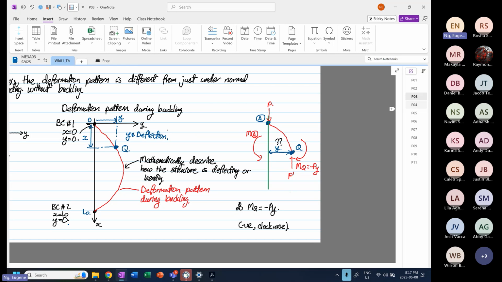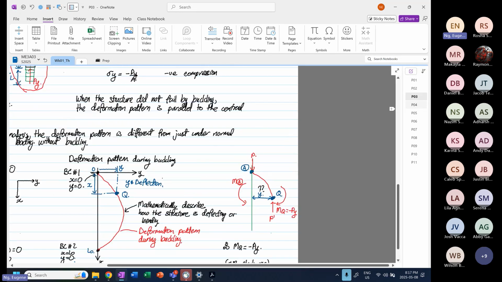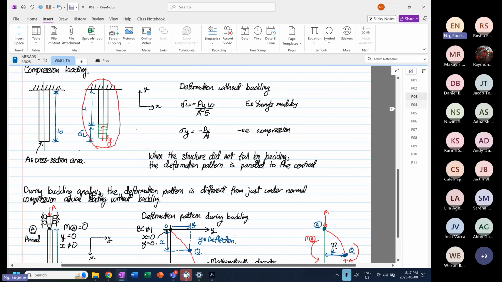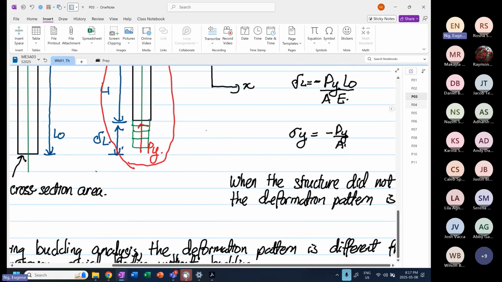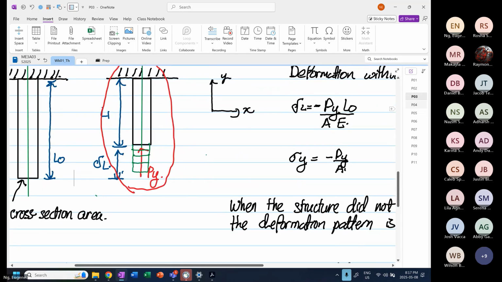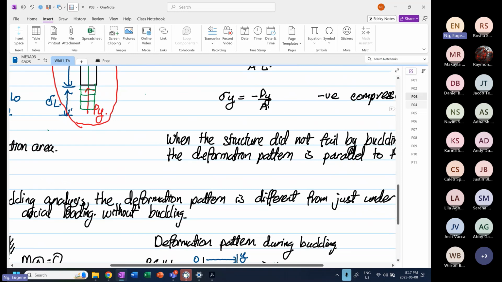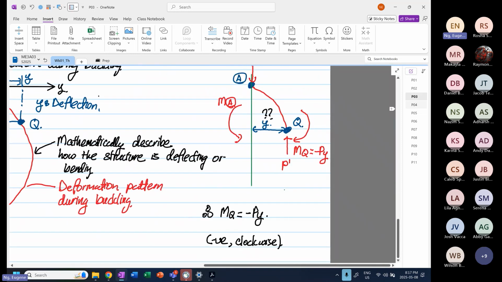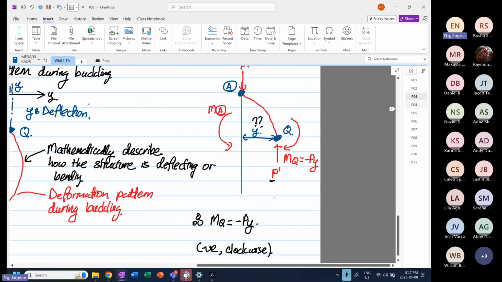So just quickly, when there's no buckling, we only have what? Py. When there is buckling, we have P also, but we also have a moment.